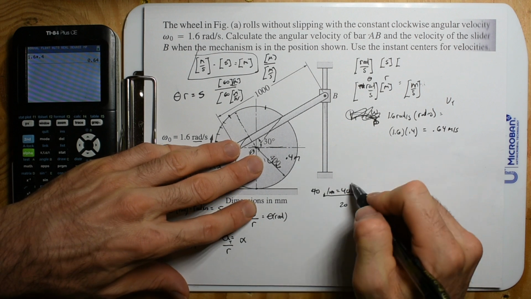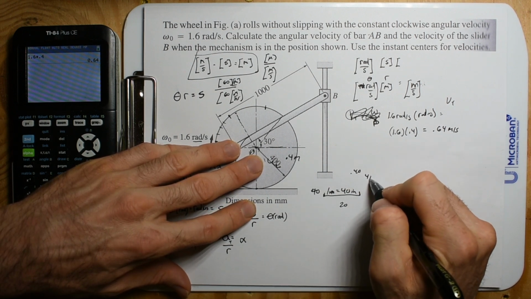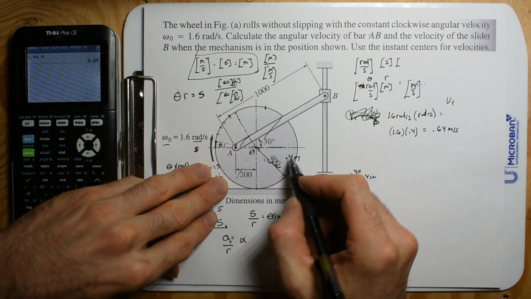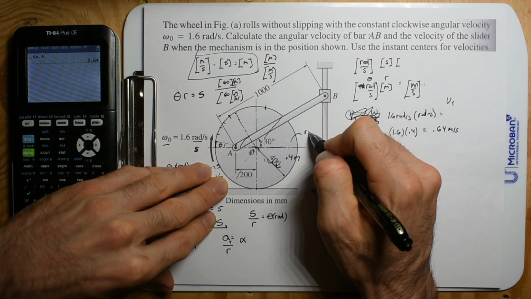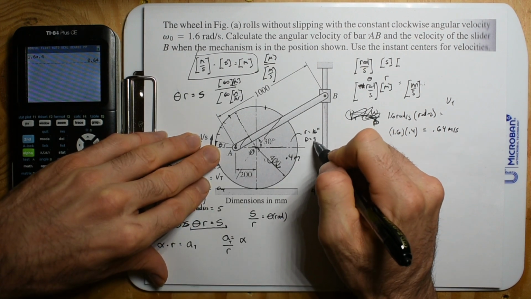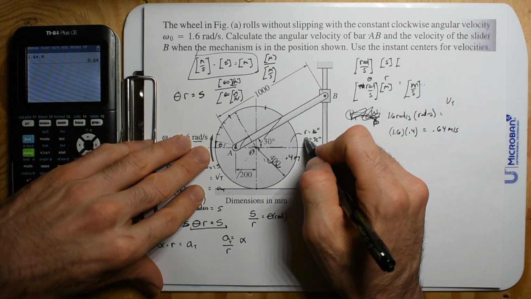I don't know what 0.4 is, but I know what a tenth of 40 is, that's 4 inches. So if I got 4 of those, this is going to be 16 inches. So we have a radius of 16 inches and a diameter of 32 inches, just for some perspective.